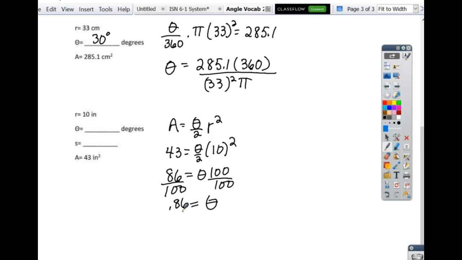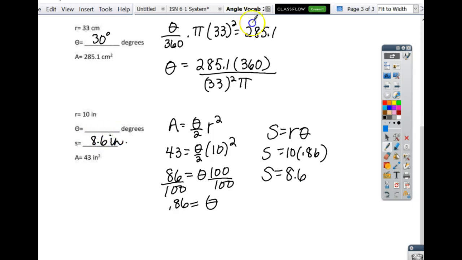So if I do this, S equals R theta. I don't have the S, but I have the R now, which is 10, and the theta is 0.86. So my S is 8.6, correct? So I'm going to put 8.6 here. But now I need the degrees.